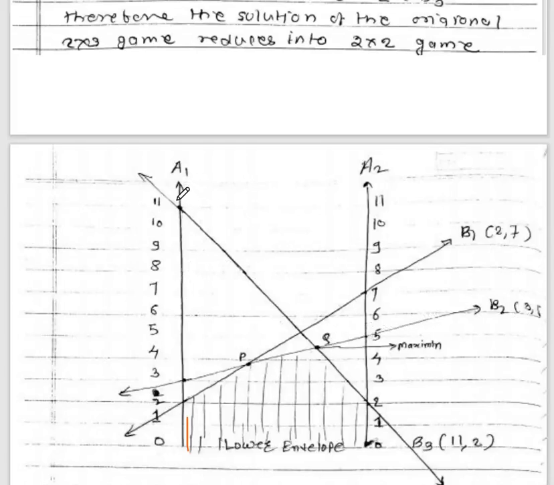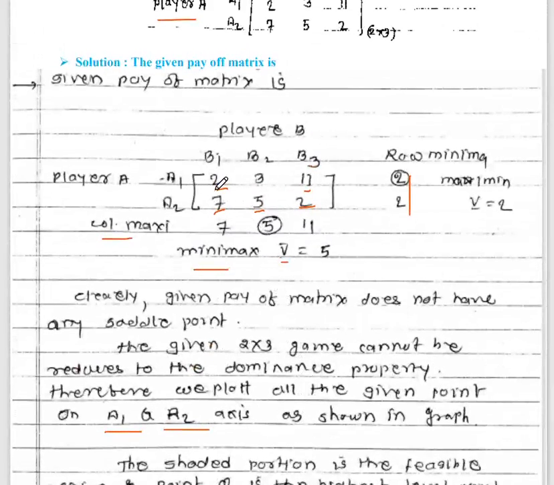So take the a1 axis and this is the a2 axis, and this 0 is the origin point. Now we will draw this point 2, 7. 2 means on the a1 axis, 7 means on the a2 axis.